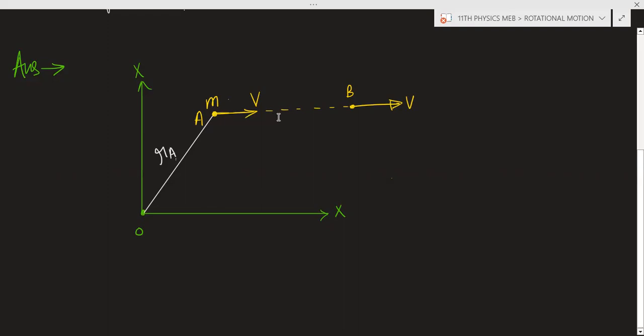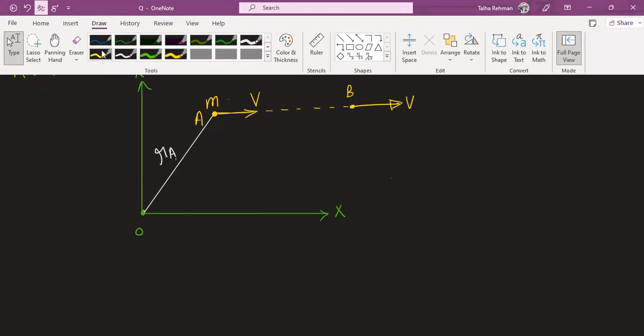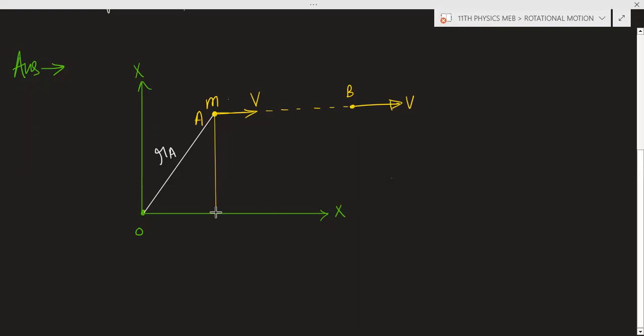So this particle is moving in this direction, and we have to check whether the angular momentum is changing or not. So here I am just taking the component of r. Which component is required? The perpendicular component. Suppose this makes an angle of theta, so it will be RA sine theta.